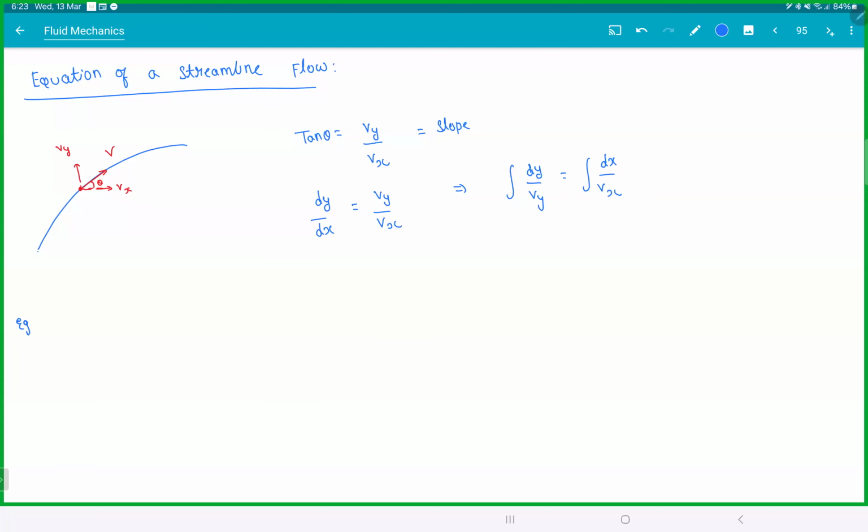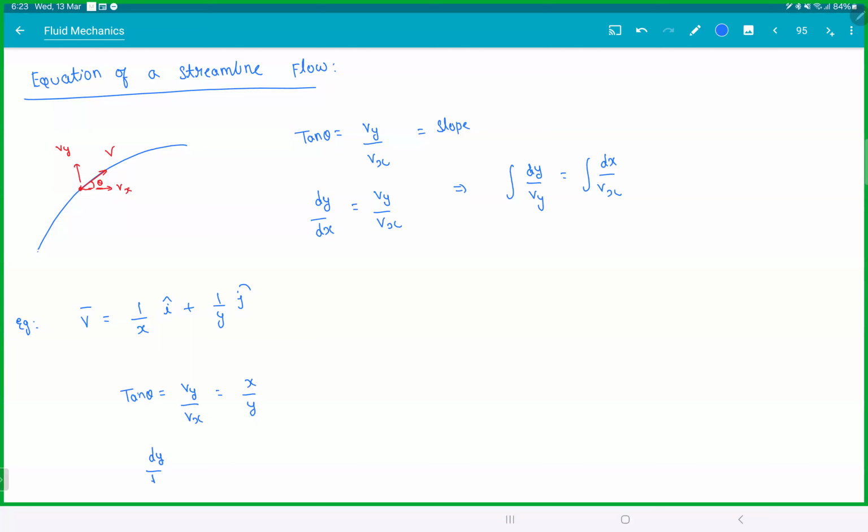Example: they'll give you velocity v is 1 by x i cap plus 1 by y j cap, and ask you to find the equation. So tan theta is Vy by Vx. In this case, it will be x by y.